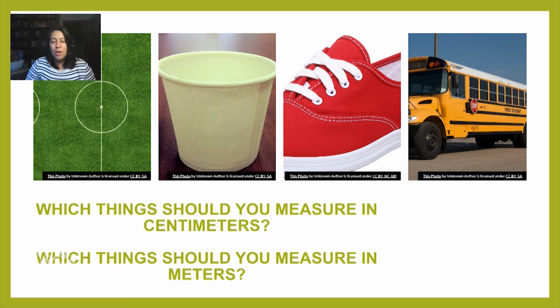Think for a moment. Which of those things would be best measured in centimeters and which would be best measured in meters? Now would be a great time to turn and talk to someone near you if they're around and explain what you think and why you think it.